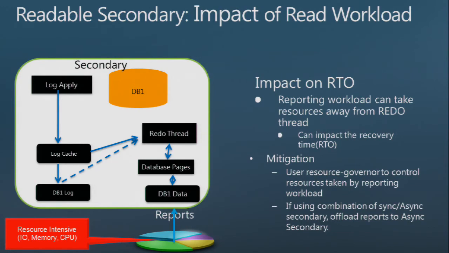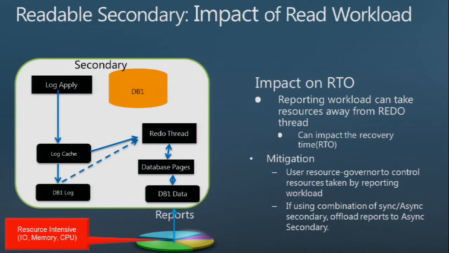You can mitigate this in two ways. First, you can control the IO cycles taken by the reporting workload. Unfortunately, in this release, we do not provide a resource governor solution to allocate a fixed number of IO cycles to the reporting workload.